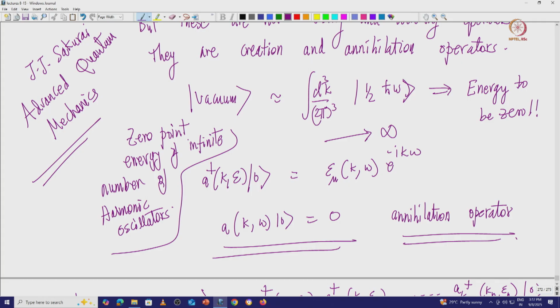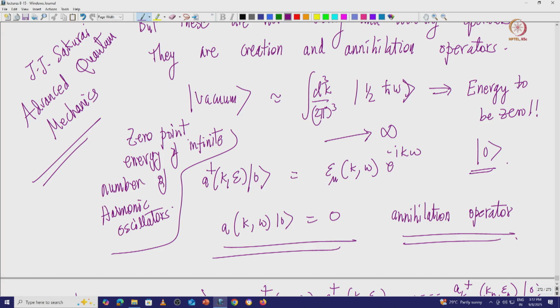In this way you can set the entire energy of the vacuum to be 0, and still call it the ground state, because what we actually measure is the differences between the energy states: the ground state and the first state, second state, third state, and so on.